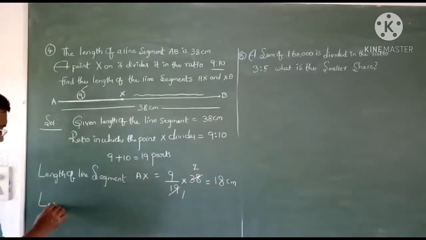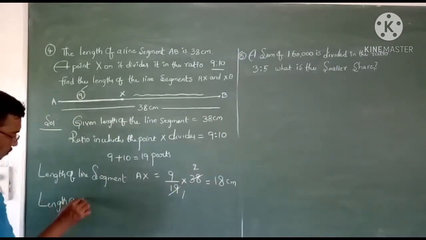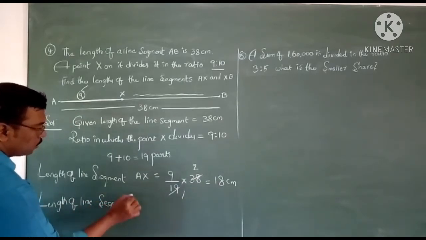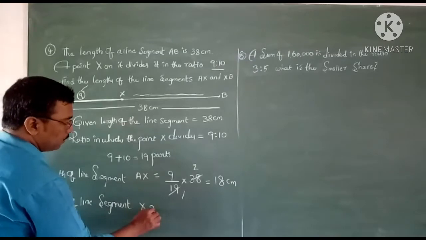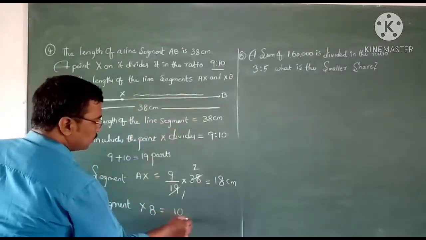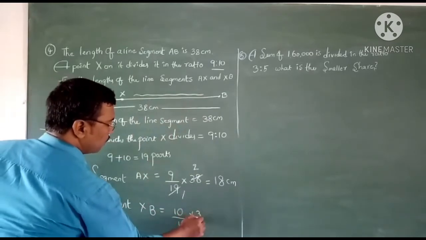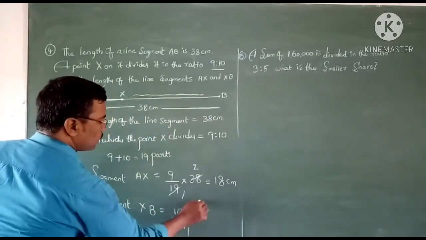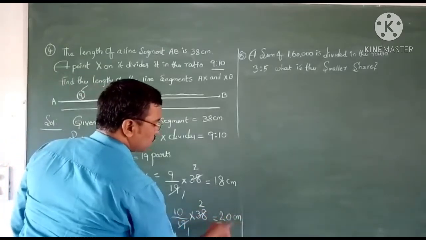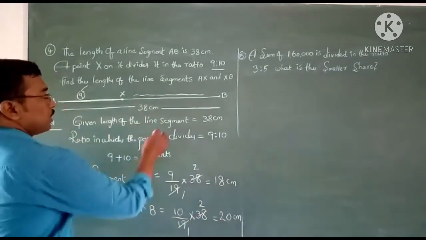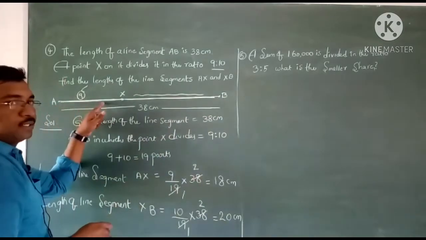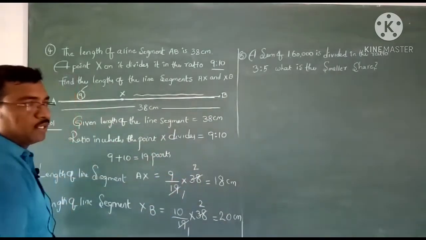Now the length of line segment XB is equal to, how many parts? 10 parts. Total number of parts 19, into 38. 19 ones are 19, 19 twos are 38, so 10 into 2 is 20 centimeters. So this length XB is 20 centimeters and this length AX is 18 centimeters.